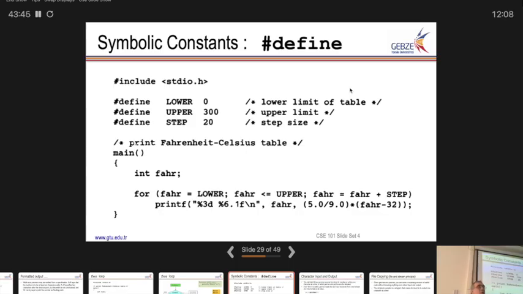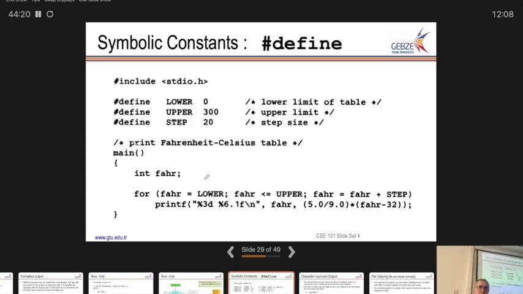So I cannot do lower is equal to lower plus 1. I cannot change them. No, lower is always 0, because once you compile, the word lowers are replaced with 0. There are no way lower variable in the assembly machine code part. It is all 0 or 300 or 20. It is for human reading during program writing.